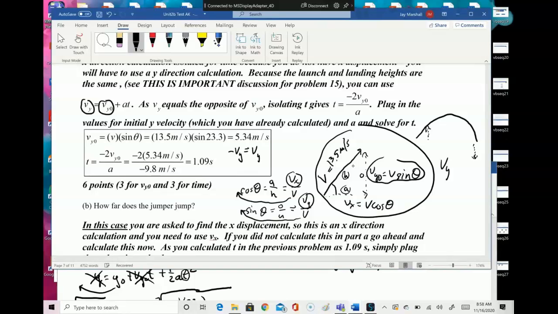formula. So I'm going to have negative Vy0 equals Vy0 plus At, right? And then I'm going to subtract that one, and I'm going to have negative 2 Vy0, okay? And then I'm going to divide by A, and that's going to give me t equals negative 2 Vy0 over A. Okay, so isolating t gives you that.